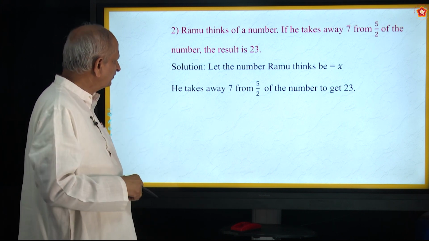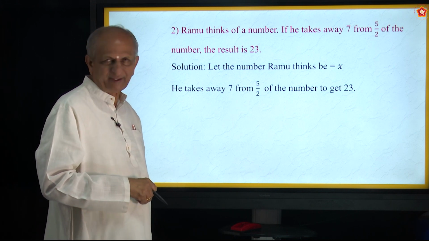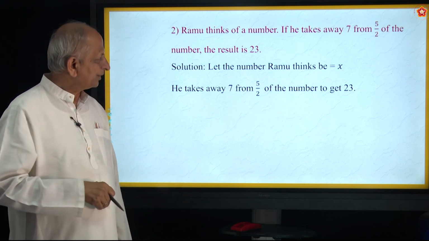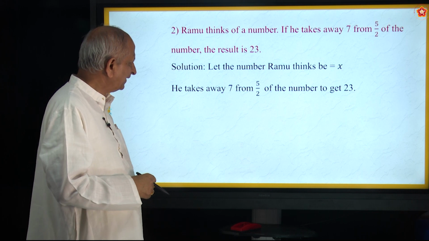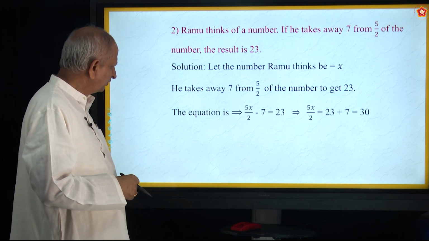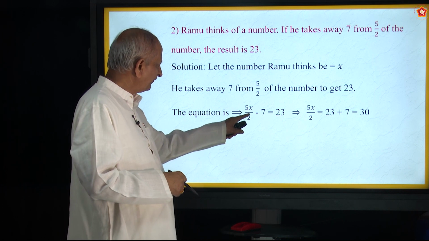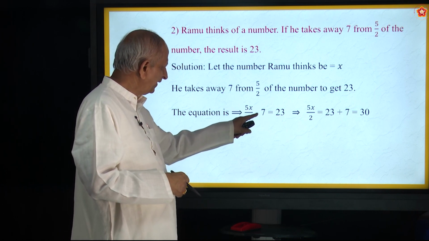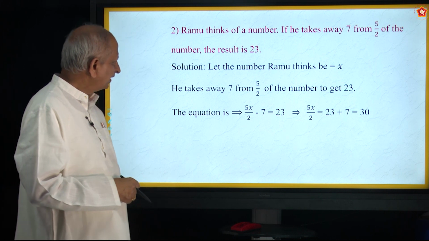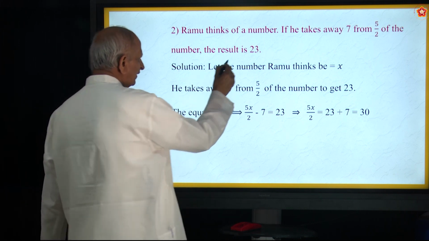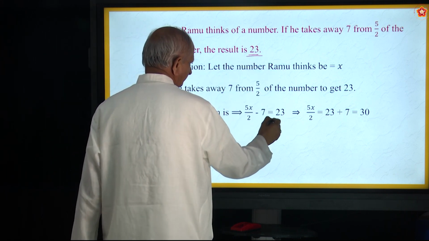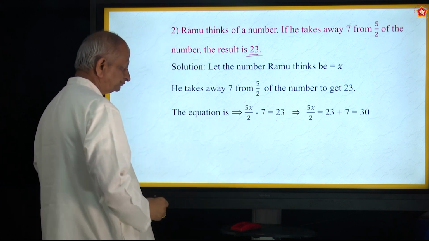So 5 by 2 of the number means what? 5 by 2 of x. Takes away means minus. So the equation becomes 5 by 2 of x is 5x by 2 minus 7, and you are given that the result is 23, is equal to 23.